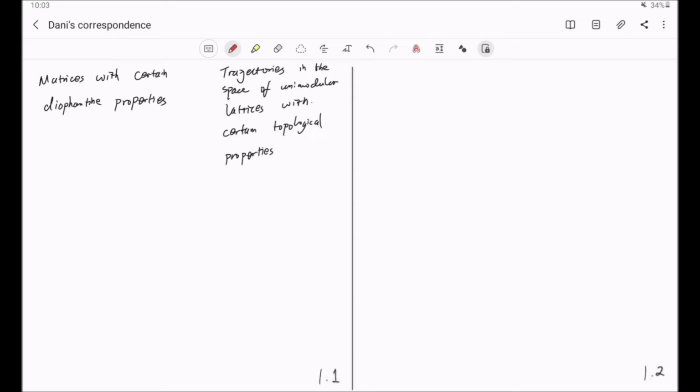And Dani's correspondence establishes the relation between those two kinds of properties.